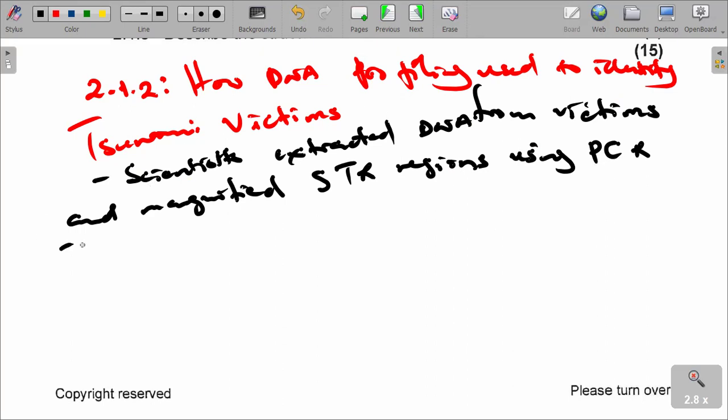Then they separated them through what is called gel electrophoresis.